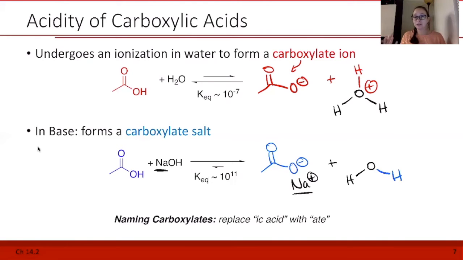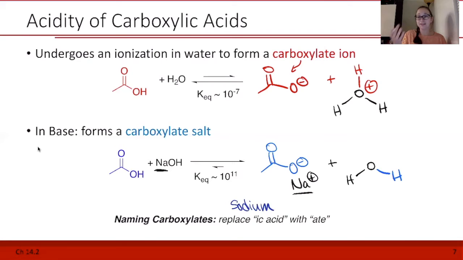And then additionally, we will need to know how to name these carboxylate salts. And so the name of this particular carboxylate salt, you're going to put the name of whatever counter ion atom you have at the beginning. So sodium is the first word.